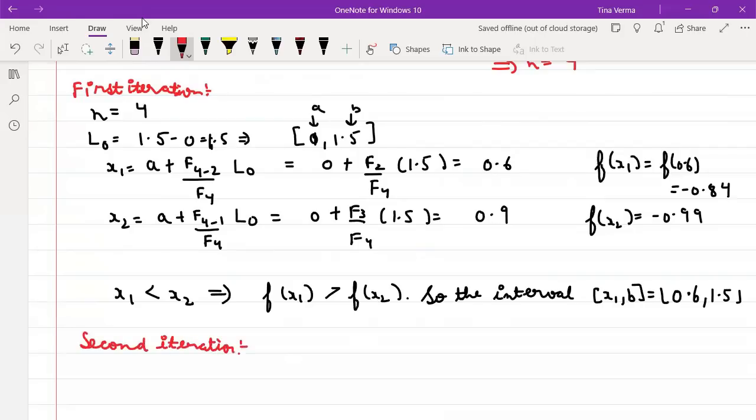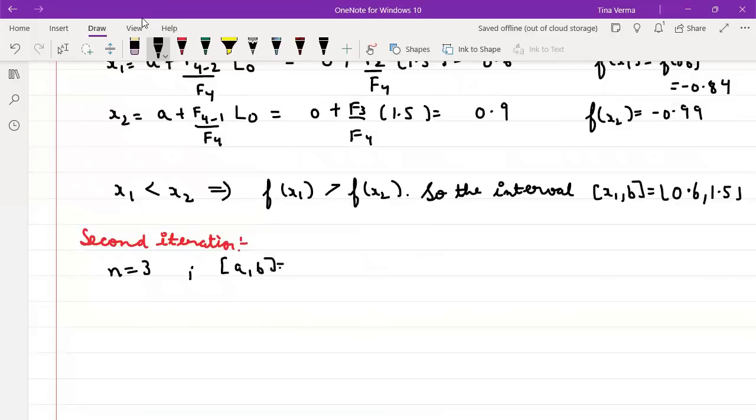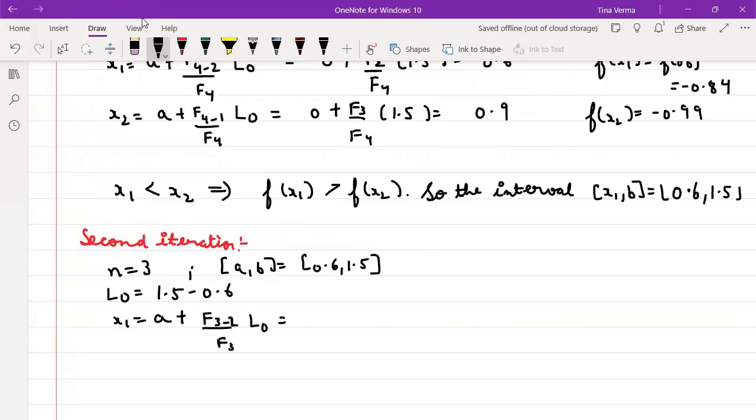So next we will perform the second iteration. Second iteration के लिए आपका n क्या हो जाएगा? n you will have 3. अब आपका इंटरवल a b इंटरवल क्या है? 0.6 and 1.5. So now you will calculate L naught. L naught will be 1.5 minus 0.6. x1 will be a plus f3 minus 2 divided by f3 into L naught.